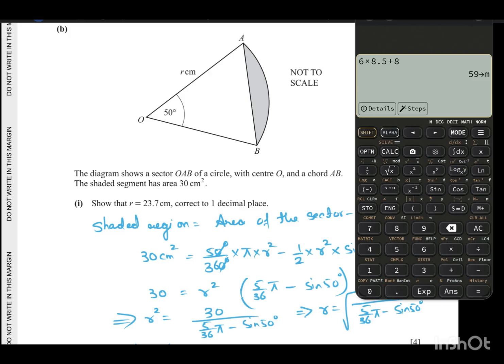Use the calculator for this. Square root of 30 by 5 by 36 into pi minus sine 50.